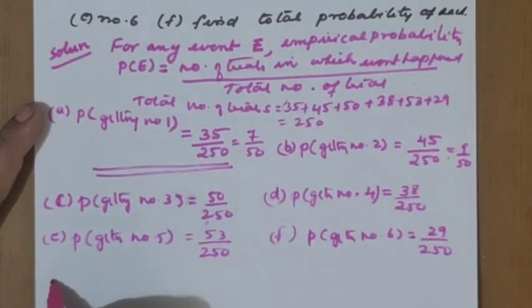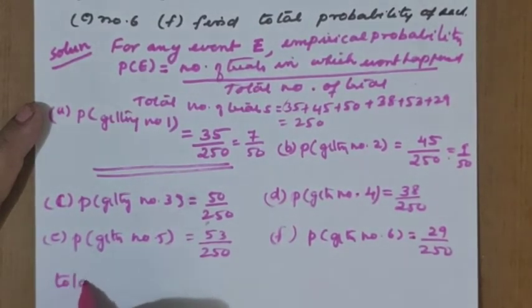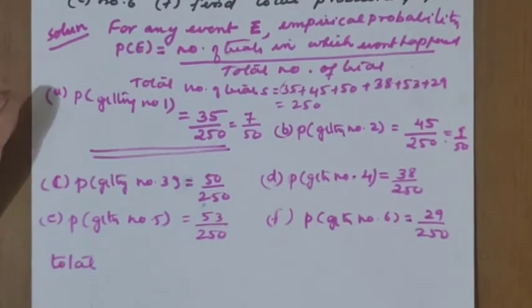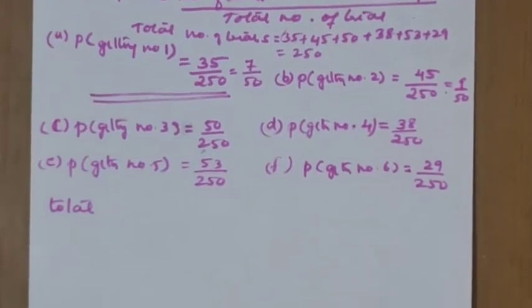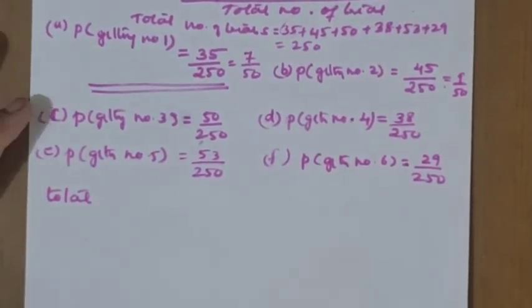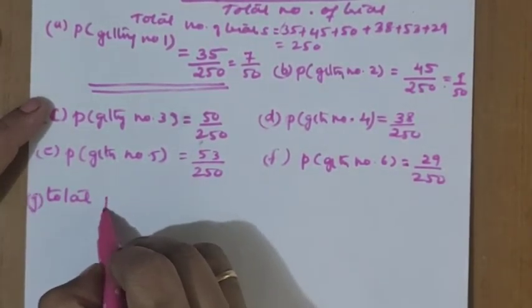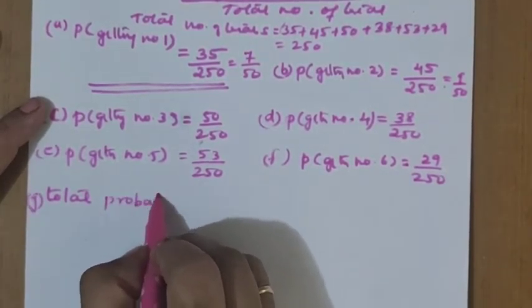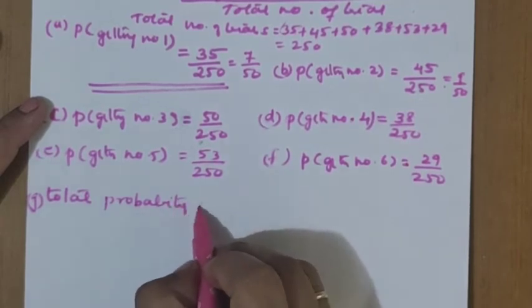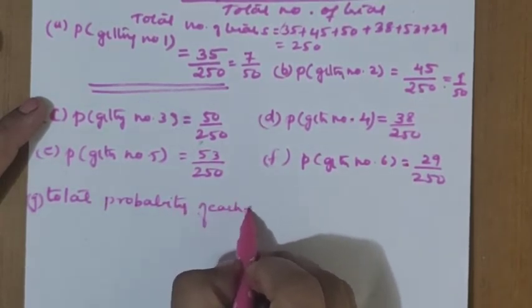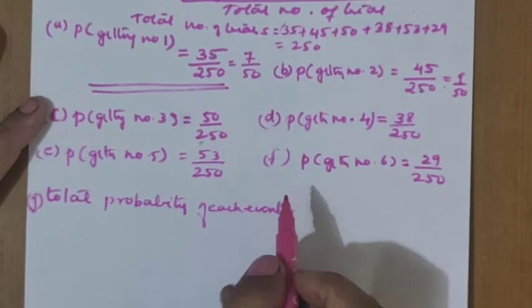Now the last question, it is asked that total probability. Total probability, that is G only. Total probability of each event. That means we should add everything.